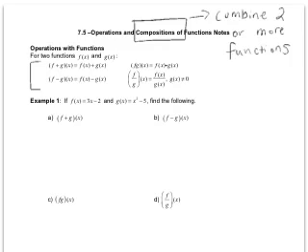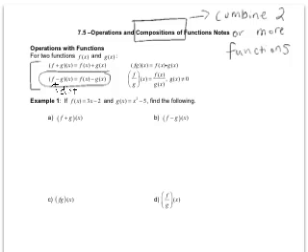Adding two functions is just taking the f function, the first function, and adding it to the second function. This one is typically not that bad for you to do. The second one, when you subtract, in the past I've noticed that subtraction of functions is one of the most commonly missed, and it's due to the fact that it is function f minus function g, meaning that this minus sign right here does need to get distributed.